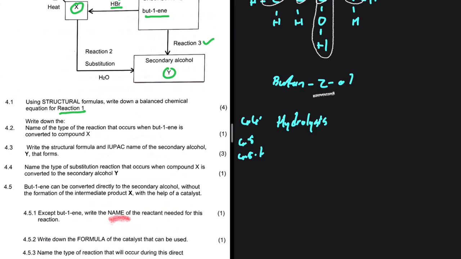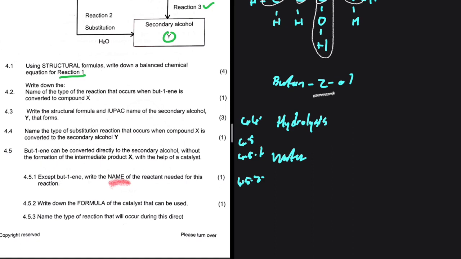So if you write H2O, it is wrong because H2O is not the name. The name is water, right? That is another trick to the question, because if you write H2O, I'm telling you, your answer is wrong. You need to write water. And 4.5.2, write down the formula of the catalyst that can be used.